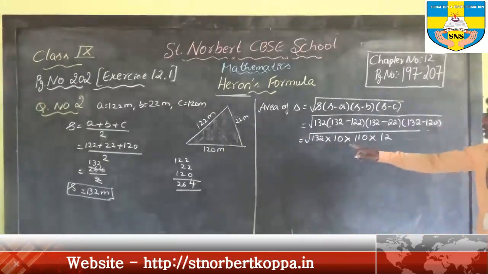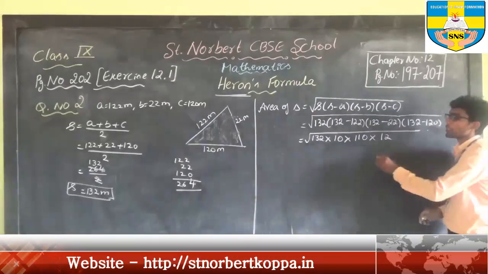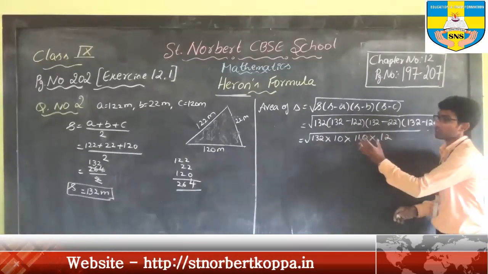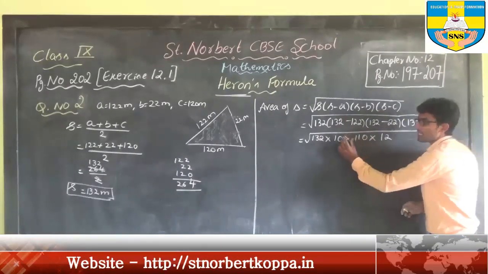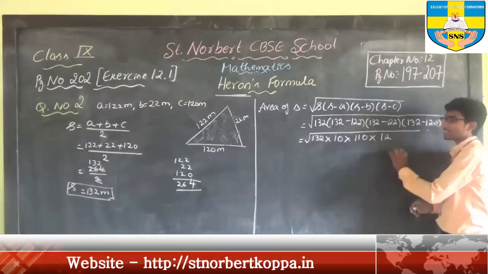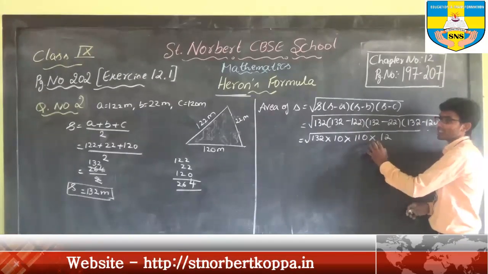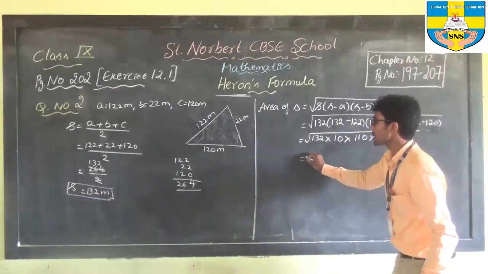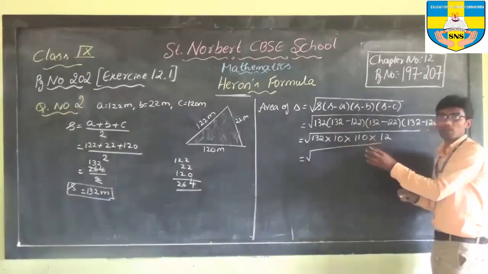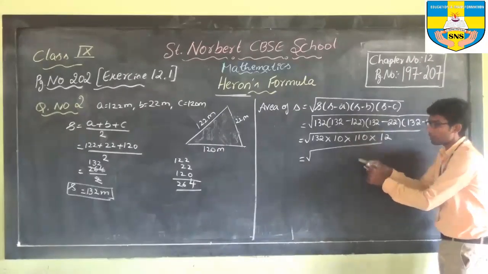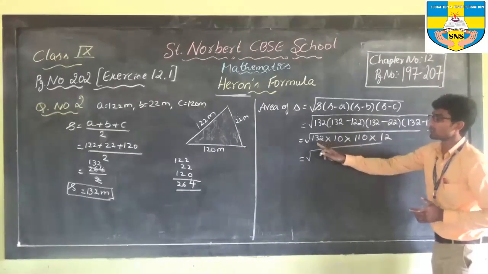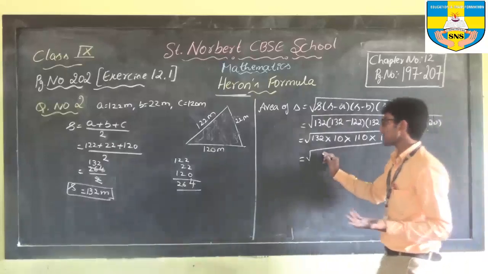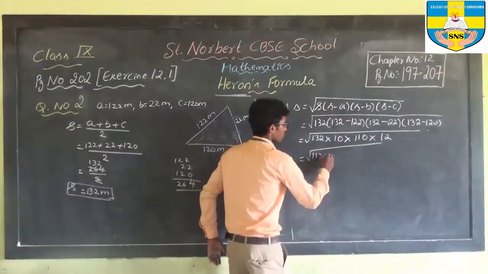Now, can you write any number 2 times inside the square root? If you can write a number 2 times inside the square root, we can make it a group. From that group, we can take one number outside the square root. My intention is to make 2 numbers inside the square root so that we can make groups of those numbers. 132 can be written as 11 into 12.